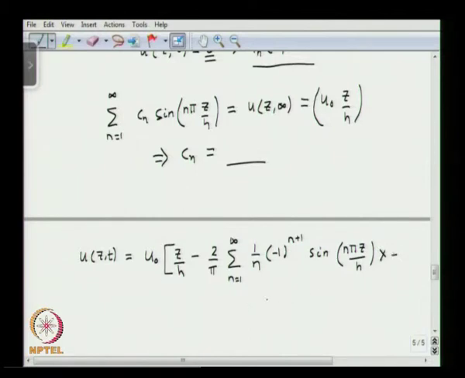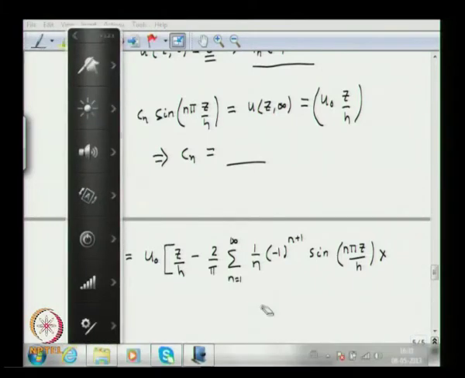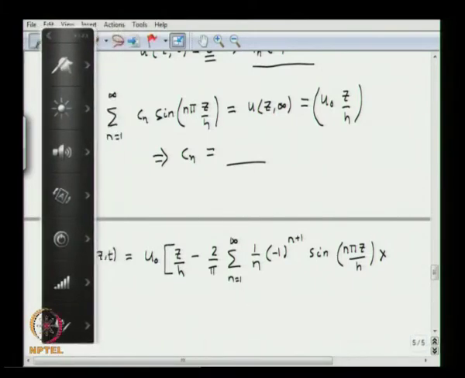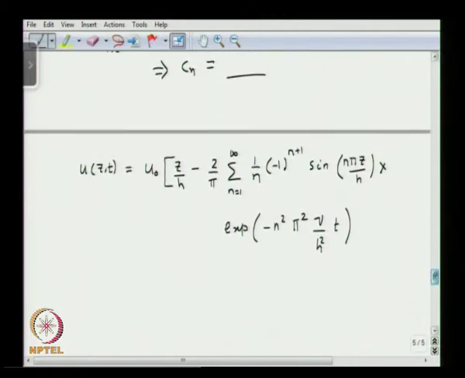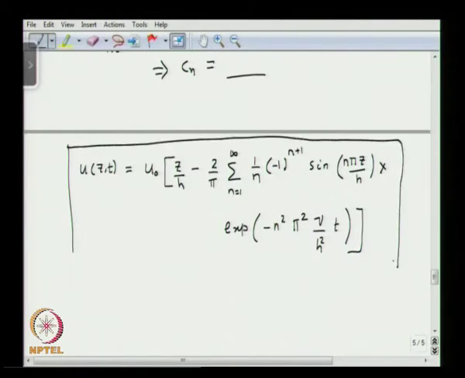The exponential term is exponential of minus n square pi square into nu over h square into t. So, this is going to be the expression for the velocity field when we are talking about the transient state.